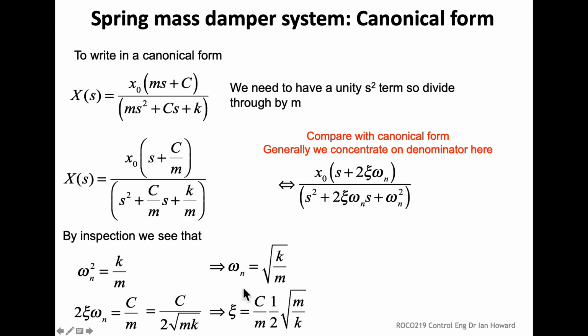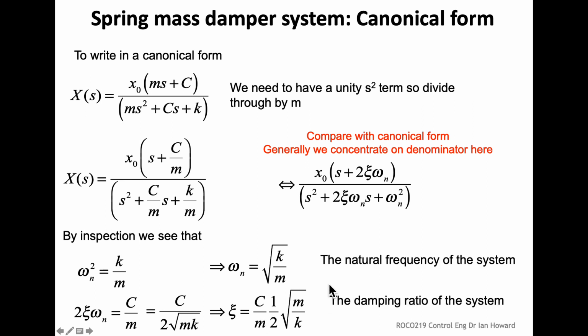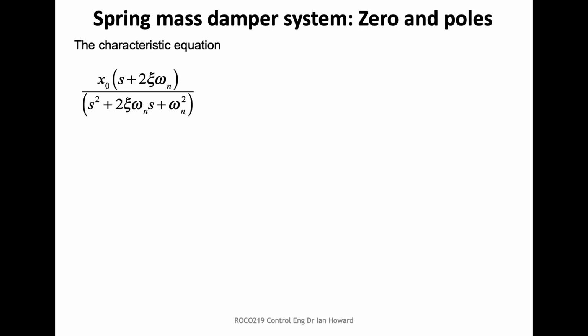So omega n equals the square root of k over m. In fact, there should be a zeta in there, equals that bit. Substituting everything in, we get a nice simple expression for these two things: an expression for the natural frequency, and an expression for the damping ratio.